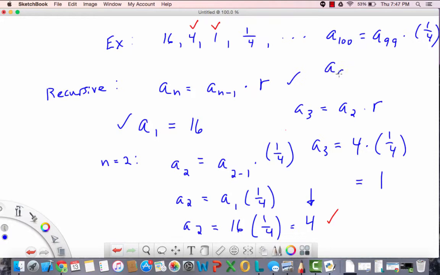So you can come down to this step: a sub 99 equals a sub 98 times 1/4. And you can see that we're slowly getting down to 1, but it would take a long time. So just beware that the conclusion is that the recursive formula is easier to use, but it's typically not as useful as the explicit formula.